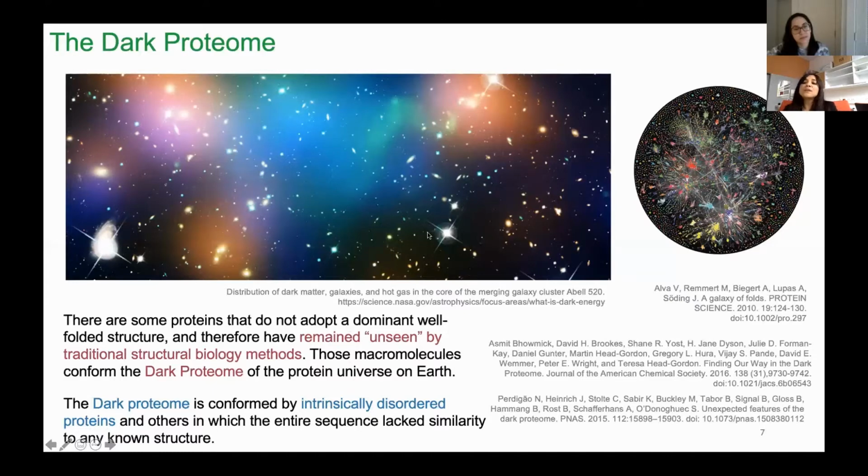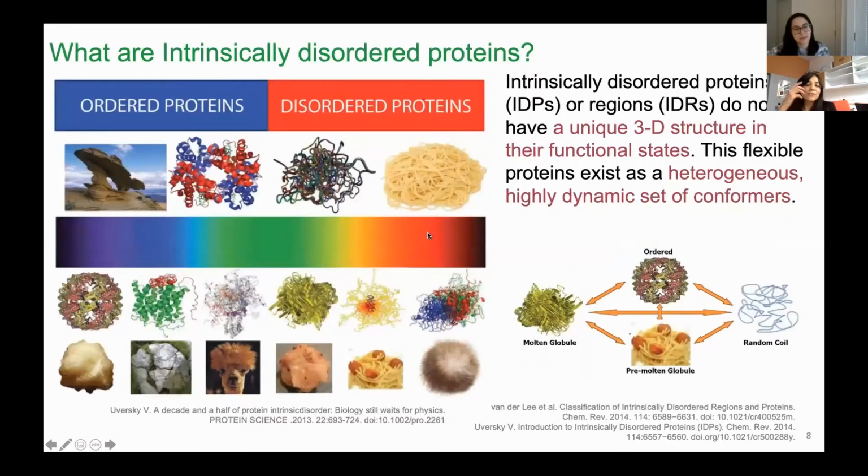And now we will talk about what intrinsically disordered proteins are. Intrinsically disordered proteins can be seen like a random coil, or they can have the shape of a spaghetti. These are proteins that don't have a unique three-dimensional structure in their functional states. They don't have to be globular to function.